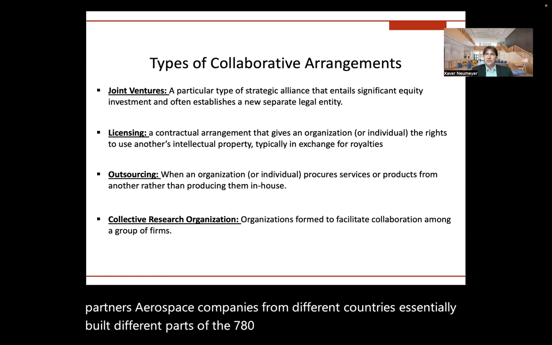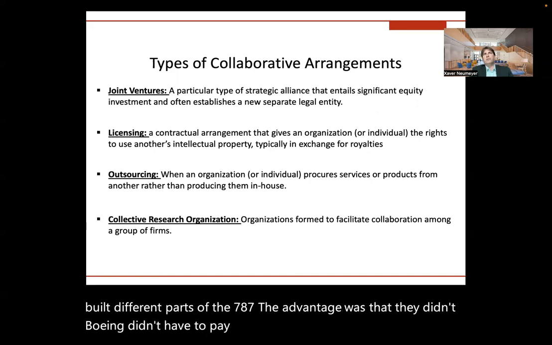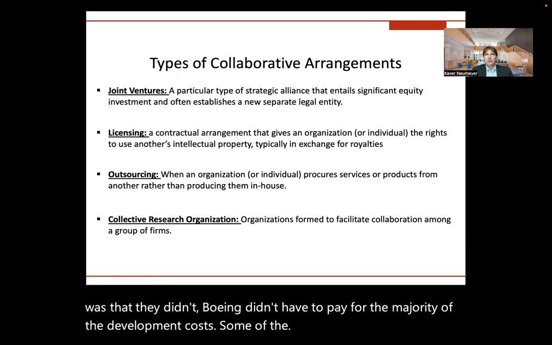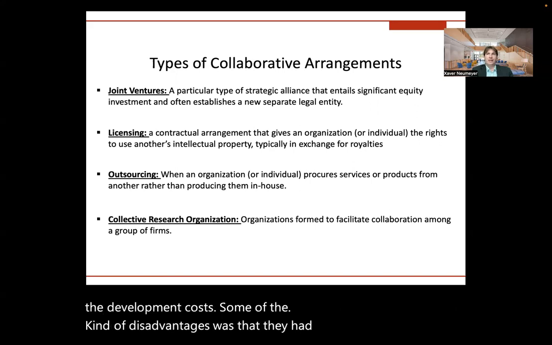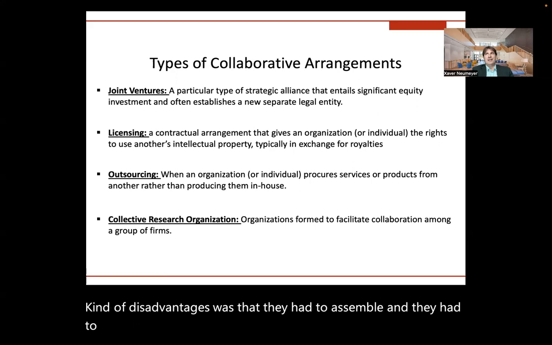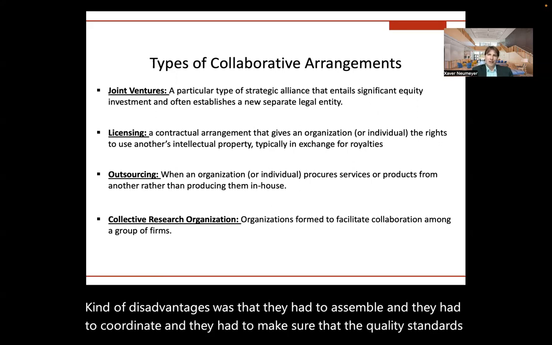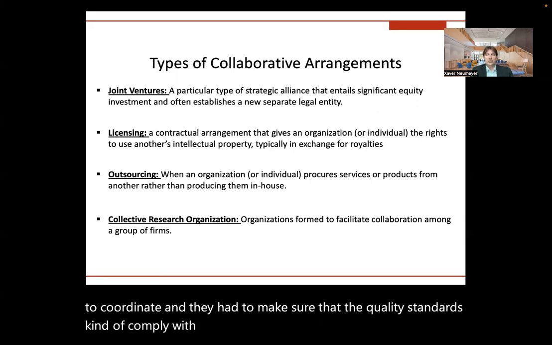The advantage was that Boeing didn't have to pay for the majority of the development costs. Some of the disadvantages were that they had to assemble and coordinate, and they had to make sure that the quality standards complied with what Boeing needs to get that airplane certified.